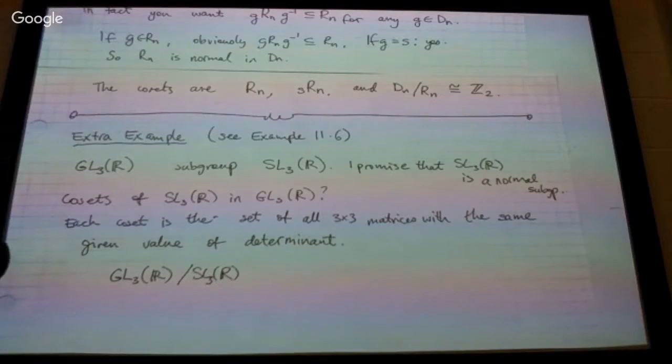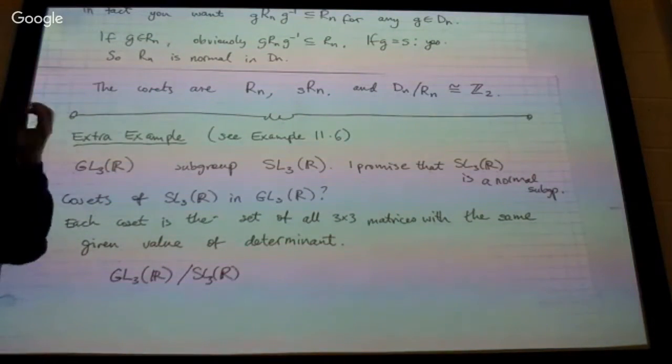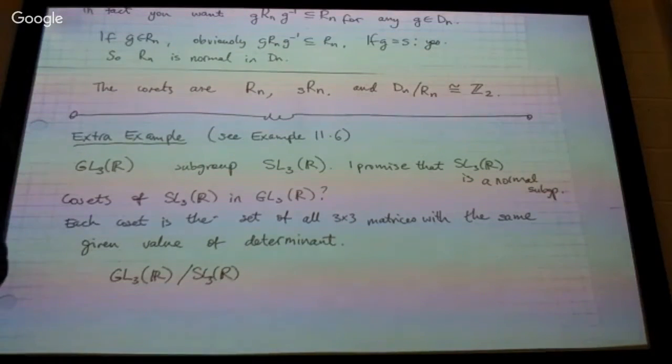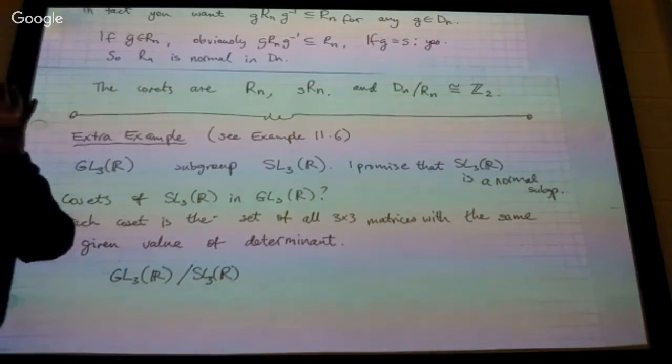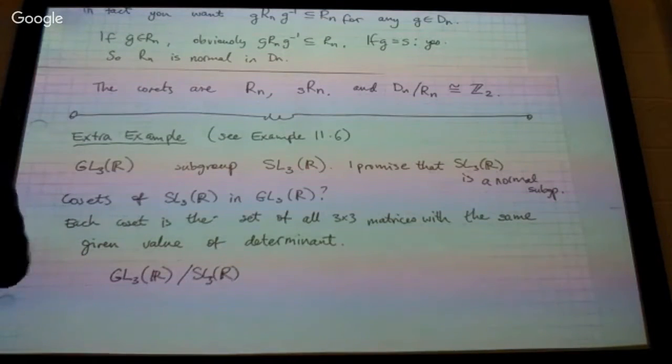No matter which matrix with determinant x you pick, no matter which matrix with determinant y you pick, the determinant of the product is going to be x times y, as you know from linear algebra. And so the result of the multiplication of cosets is the coset of all matrices with determinant x times y.